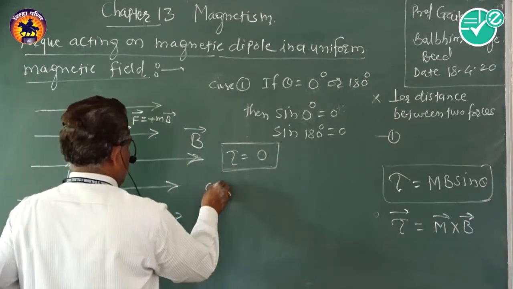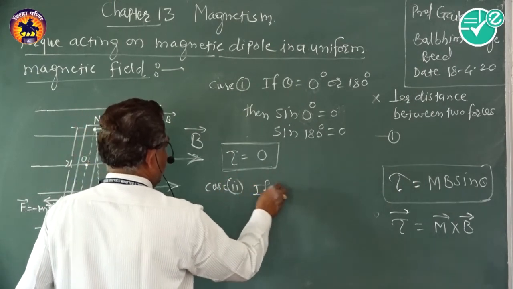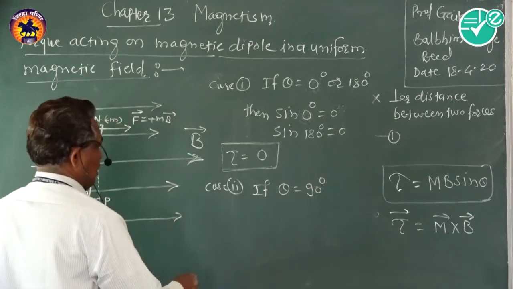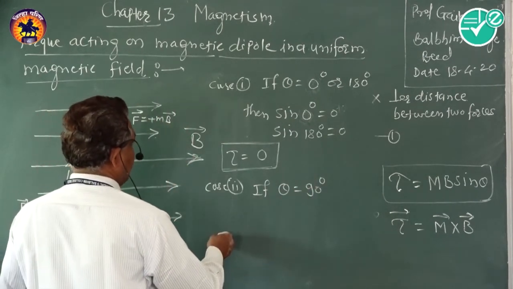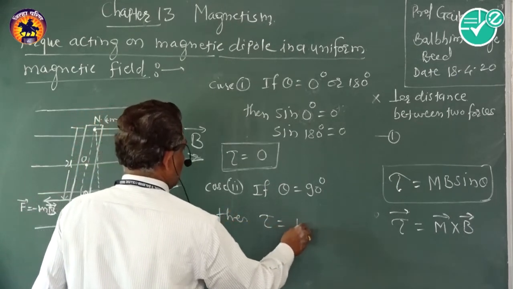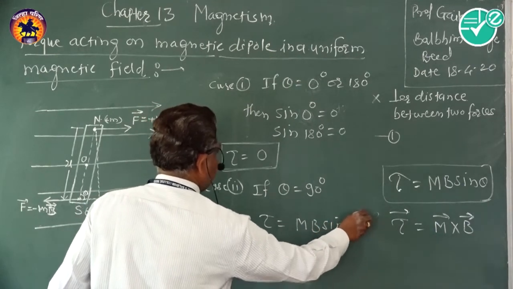Now case second. If theta is equal to 90 degree, then tau is equal to M into B into sin 90 degree.